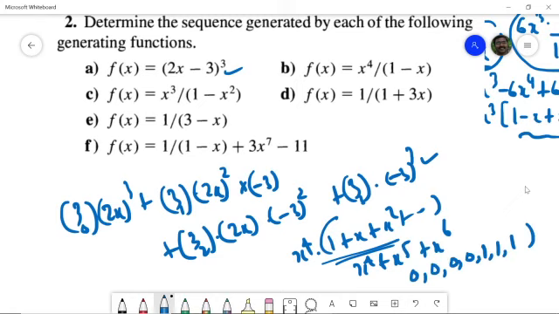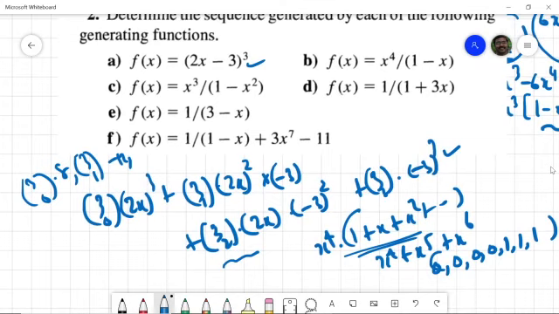Okay, in the first one, when you simplify, you will get the sequence as 3c0 into 8, then the second term would be 3c1 into 4 into minus 3, so it is minus 12. The next one would be 3c2 into 2 into 9, which is 18 with a sign. So you can find that series.